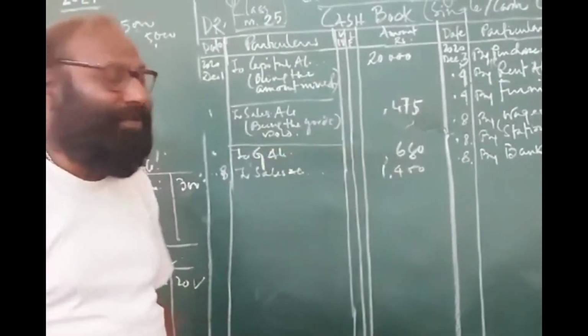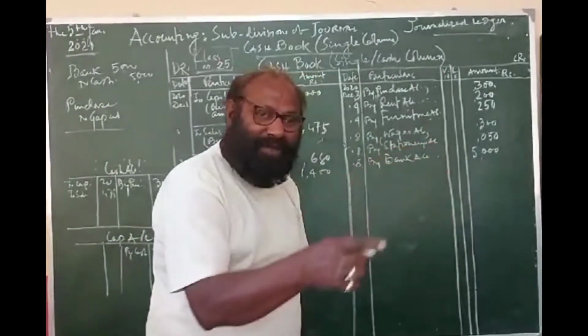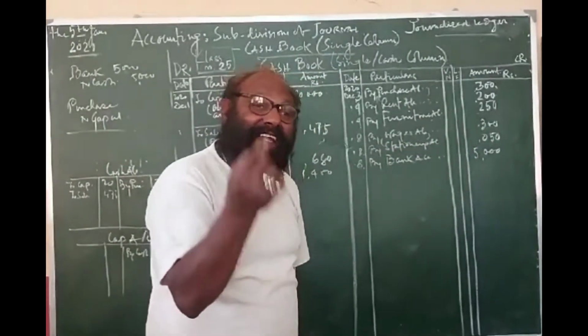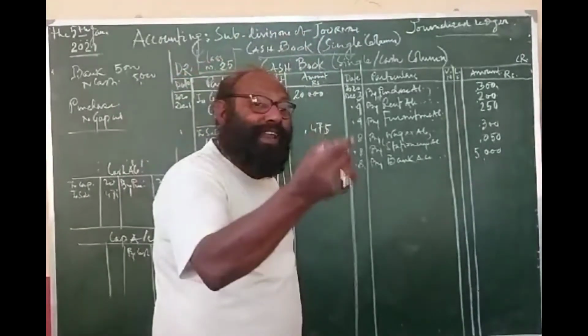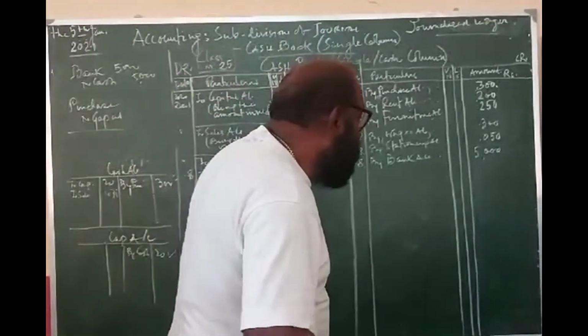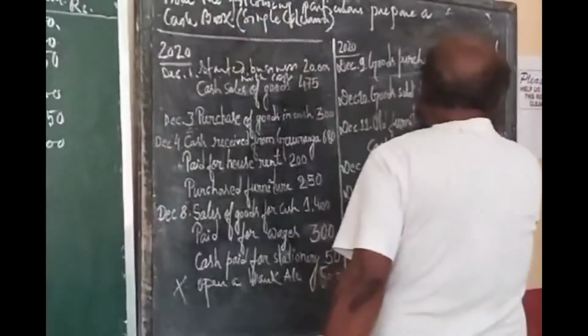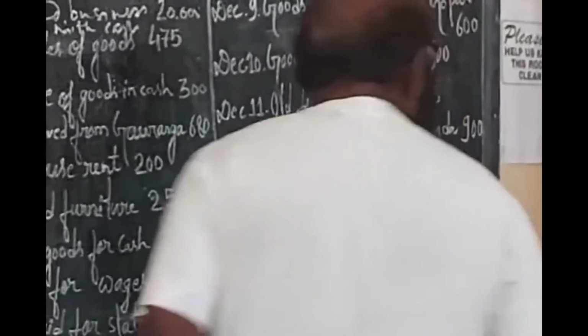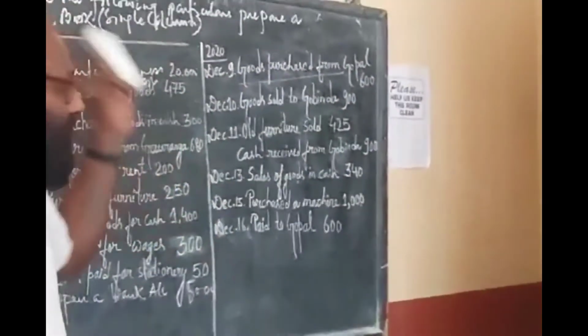There is no chance of recording in the cash book because it is a credit transaction. It should be recorded in our purchase book. Clear? I think I have cleared that. So this transaction has no value here for the preparation of the cash book.